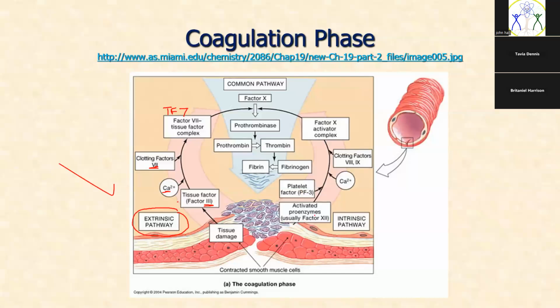So between factor 12 and the platelet factor, we also have to combine once again with calcium, as well as factors 8 and 9. All of them will lead to the activation of the factor 10 complex. Okay?